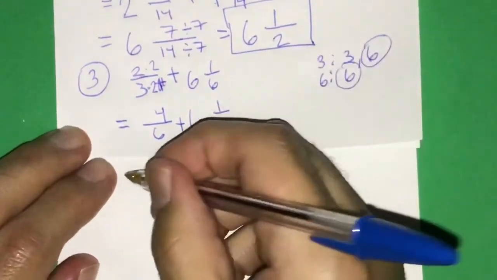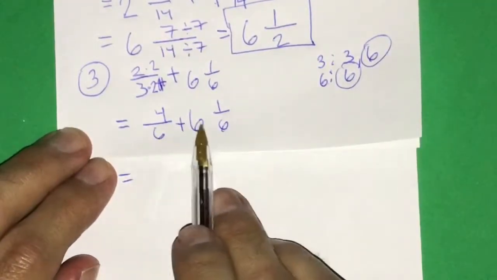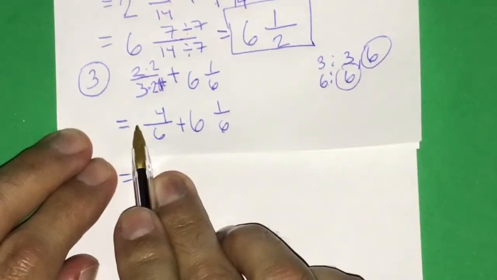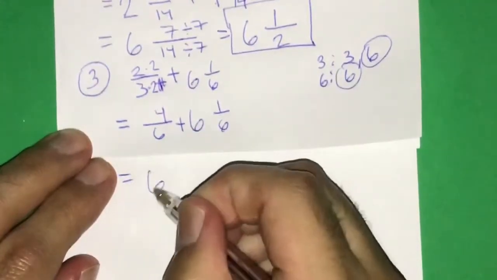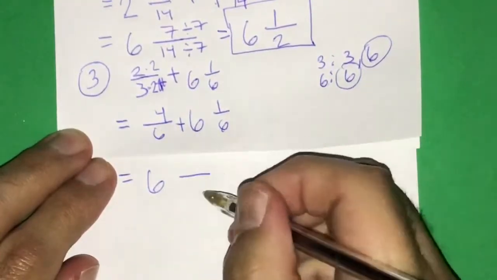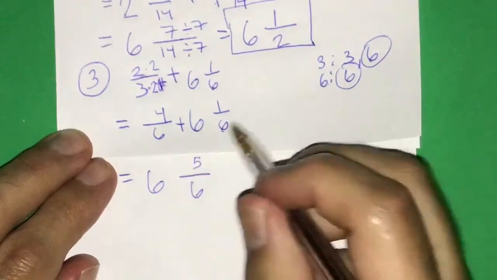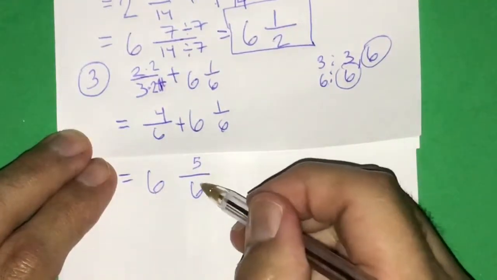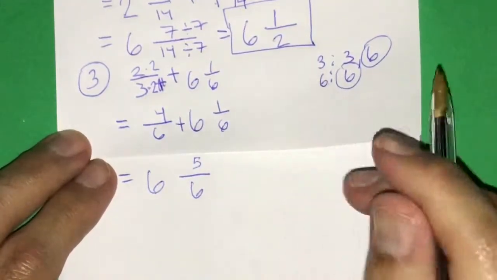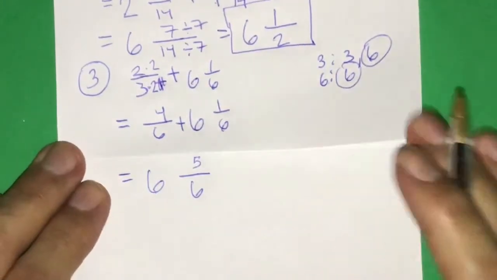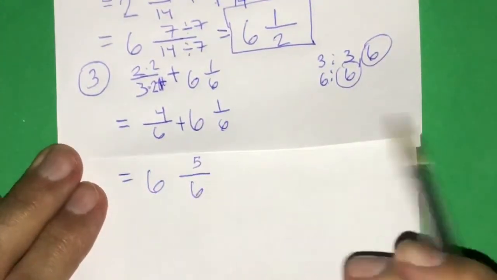So we have our whole number parts, there's nothing here, and we got a 6, so we're going to get a 6. We're going to keep the denominator, it's going to be a 6 and 4 plus 1, that's 5. So we see our answer is 6 5/6. And here we couldn't reduce this because 5 is a prime and 6 is not a multiple of 5.